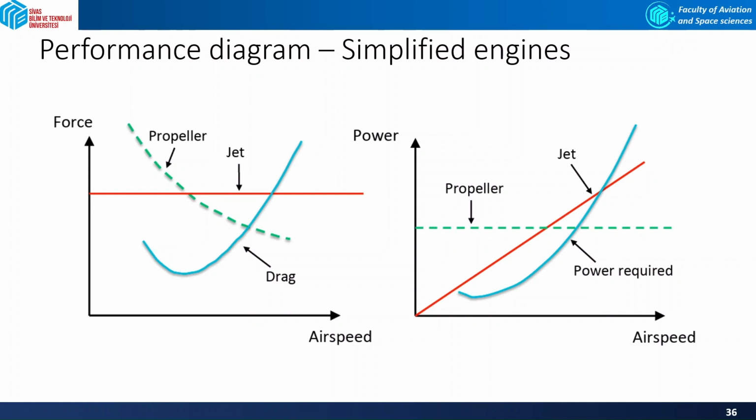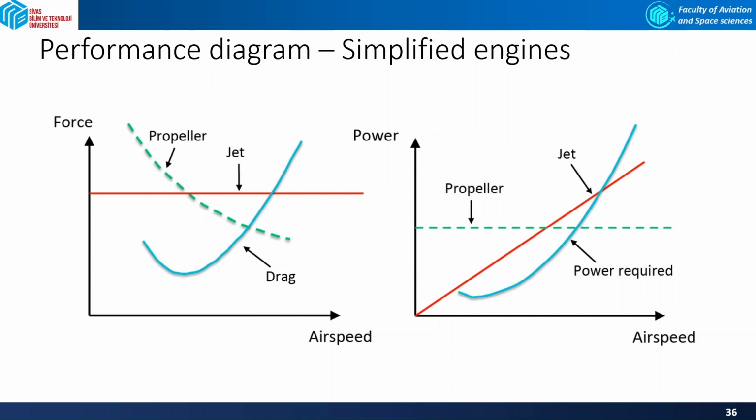And in these graphs, we can also draw the thrust or power available from the engine. For a simplified pure jet engine, the thrust can be assumed independent of airspeed, and a typical simplified propeller shows a different behavior.